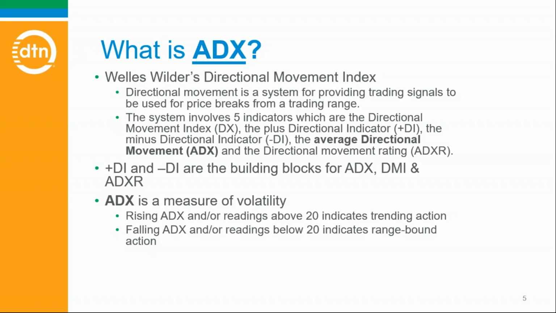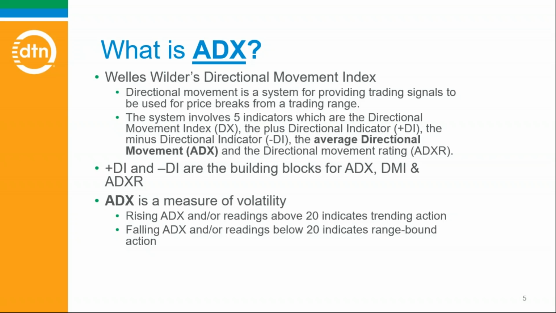It's a system providing trading signals and can be used for breakouts from a trading range, which is what we're interested in. It involves 5 indicators: the directional movement index, plus directional indicator, minus directional indicator, and the average directional movement, which is what we're interested in, ADX, and then something else called directional movement rating, ADXR.